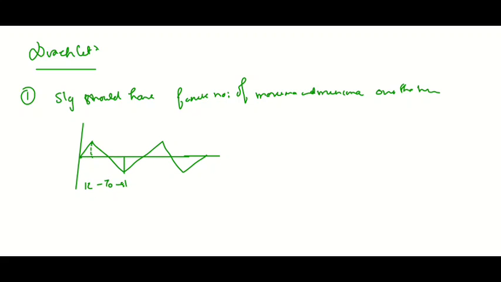Over the time period we will see how many maximums and minimums there are. This is one maximum, this is one minimum, and this is one maximum. And this is one minimum. How many maximums are there? 2 maximums and 2 minimums. They are finite, right? So the first condition is this: there should be a finite number of maximums and minimums over a time period.